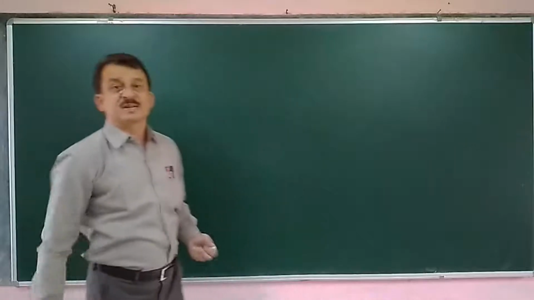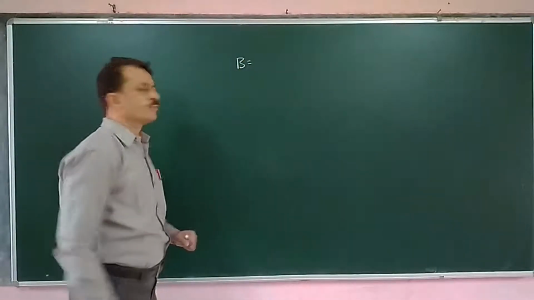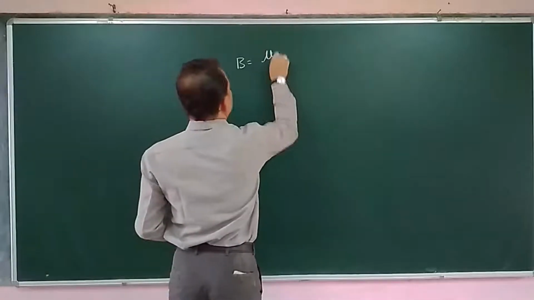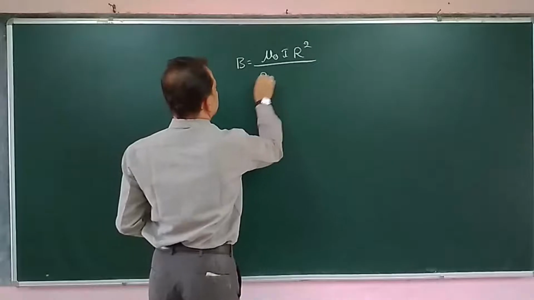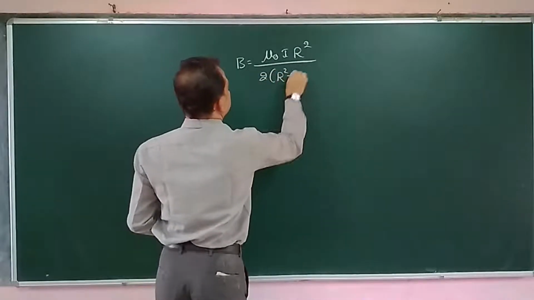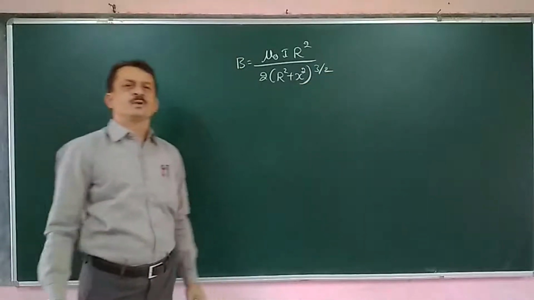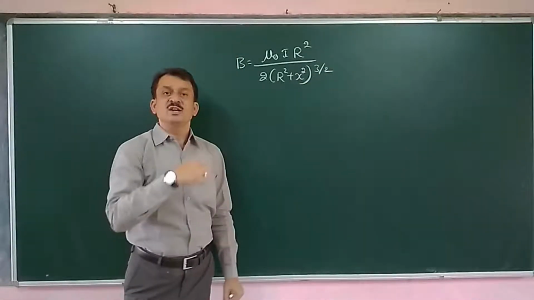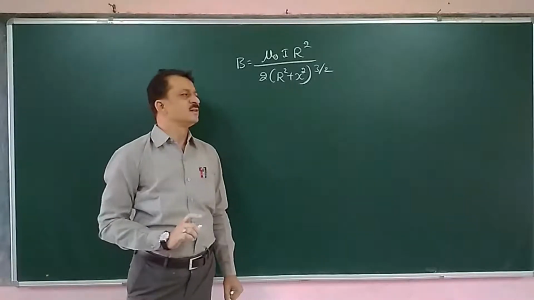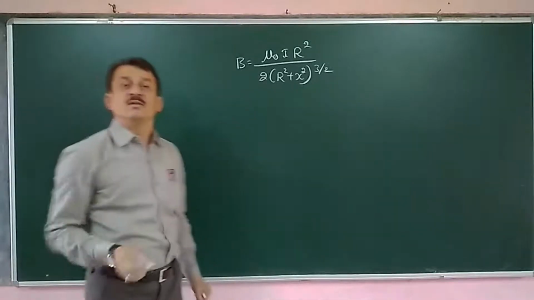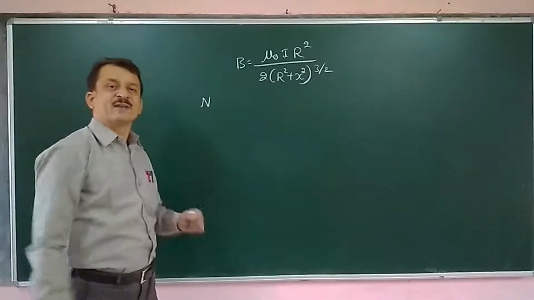Just now we have derived the expression for the magnetic field due to a circular current loop, given by mu naught I r square divided by 2 into r square plus x square to the power of 3 by 2. Here we have taken a current loop having only one turn. If the current loop has capital N number of turns, what will be the total magnetic field?